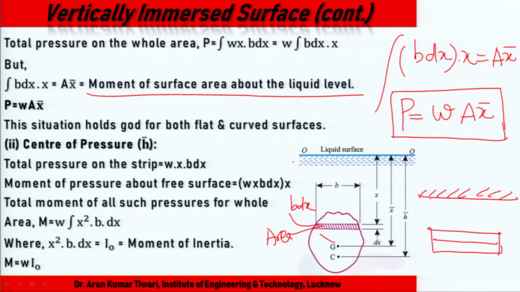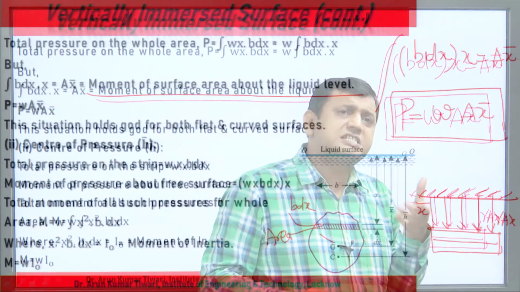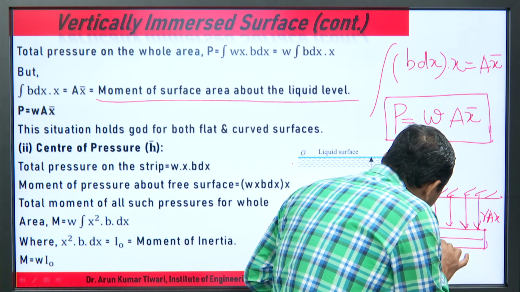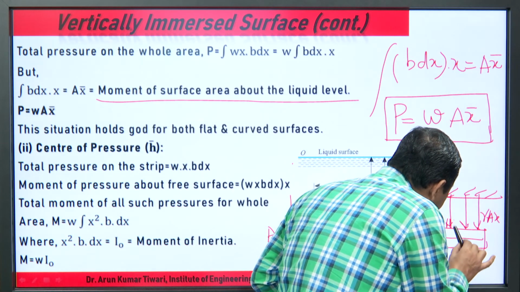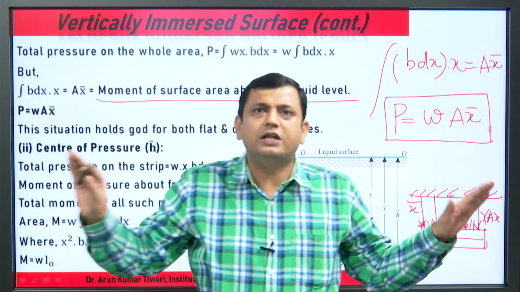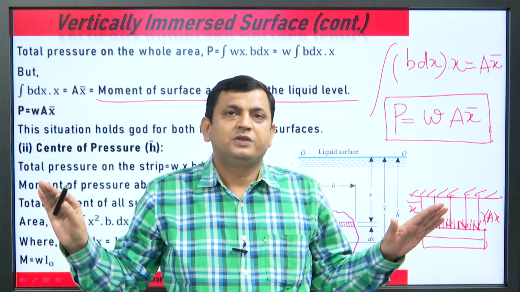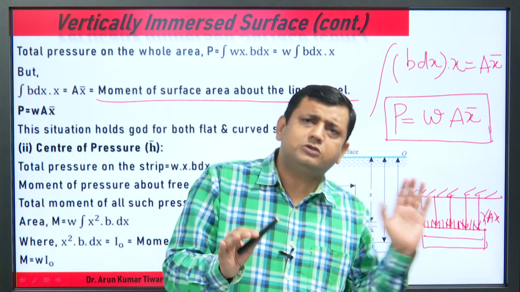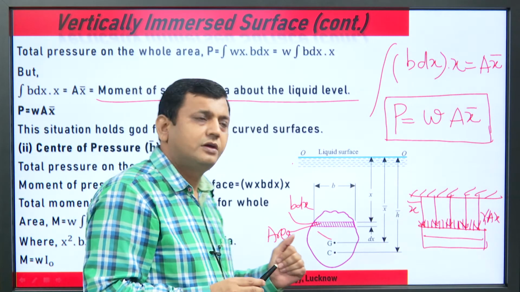At all places the total pressure is gamma A x bar, because x bar is similar, so the total pressure is the same. If you draw the pressure distribution, this is the pressure force.